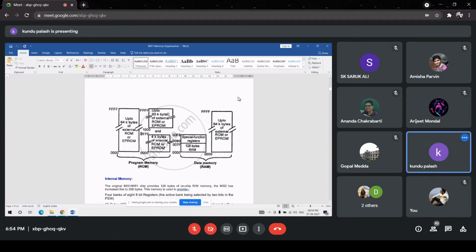That means when we interface the external memory and the internal memory in combination, the external memory size becomes 60 kilobytes, whereas the internal program memory size is 4 kilobytes. Otherwise, if we interface the total 64 kilobytes of program memory, this internal program memory will be ineffective.